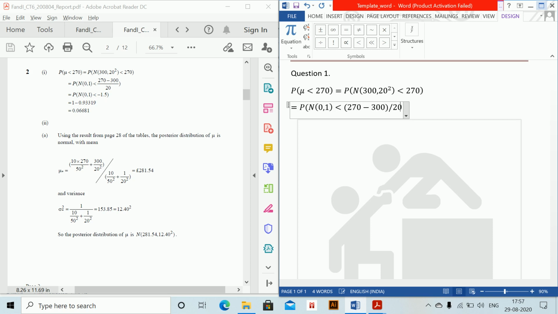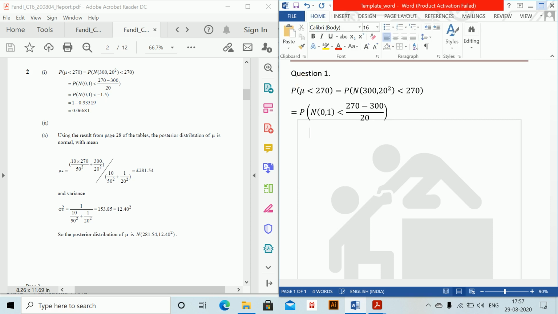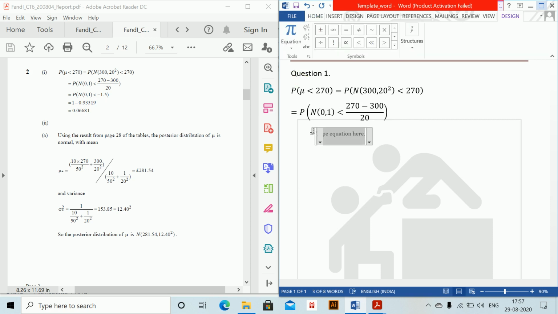So that equals the probability of N(0,1) being less than minus 1.5.